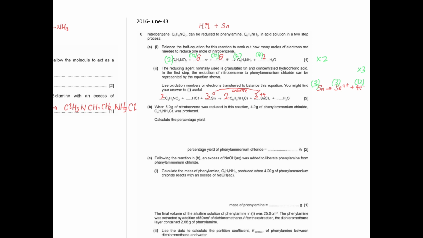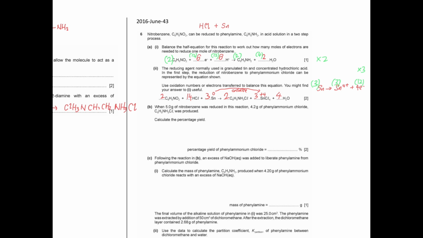H2O, I get 4. So the only thing that I need to balance is the HCl. We can balance this easily by looking at the chloride. You have 2 chloride from here, and then 3 times 4 is 12 chloride. So we have 14 chloride. So we put 14 there, 14 HCl. Okay, so that is how we balance the equation.